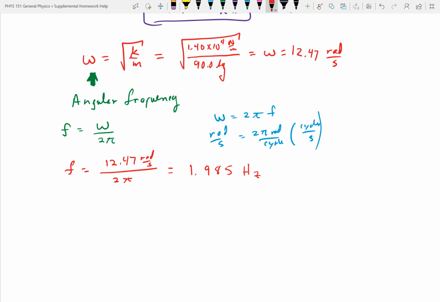That's a very fast rate to be on a bungee cord. Yeah, 2 per second. But I'm pretty sure I put in the right numbers.